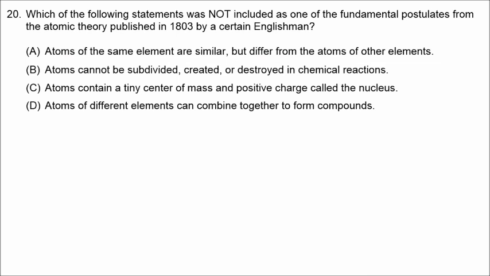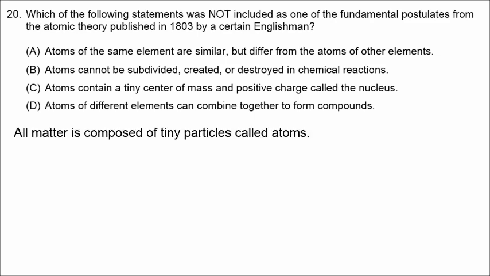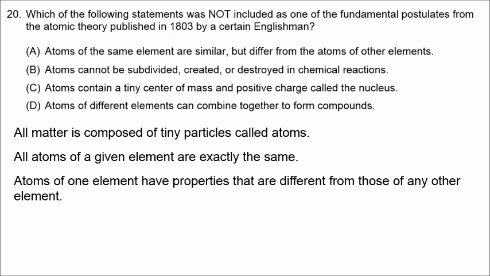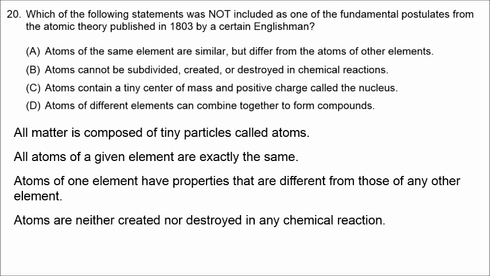In number 20, we are referring to the work of John Dalton, and here is what we know from the atomic theory script about John Dalton's 5 postulates. He said that all matter is composed of tiny particles called atoms, that all atoms of a given element are exactly the same, that atoms of one element have properties that are different from those of any other element.